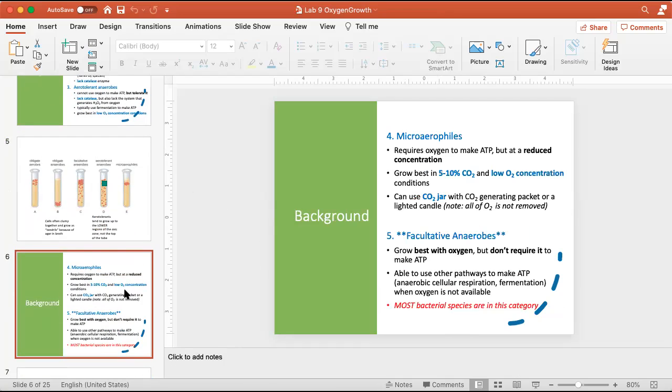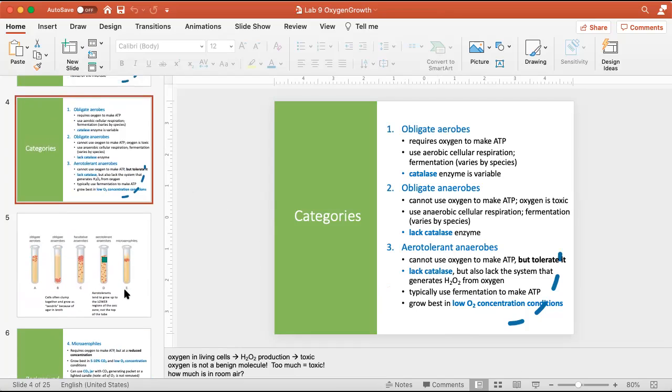I was just looking to see if I have the formula for you, but I guess it's later on. So you might imagine that if you're a microbe that doesn't use oxygen, you probably don't need any catalase around, right? And you'd be right, because the second group are the obligate anaerobes.